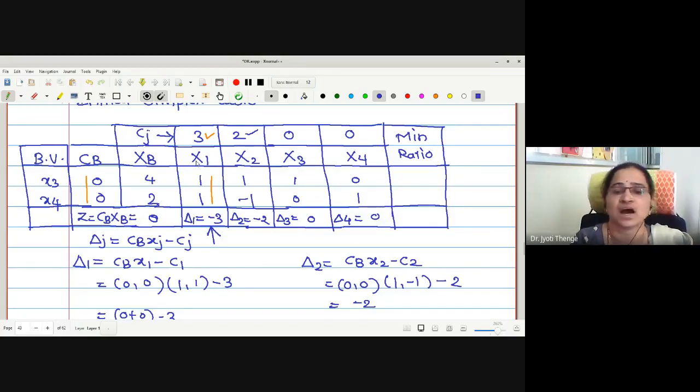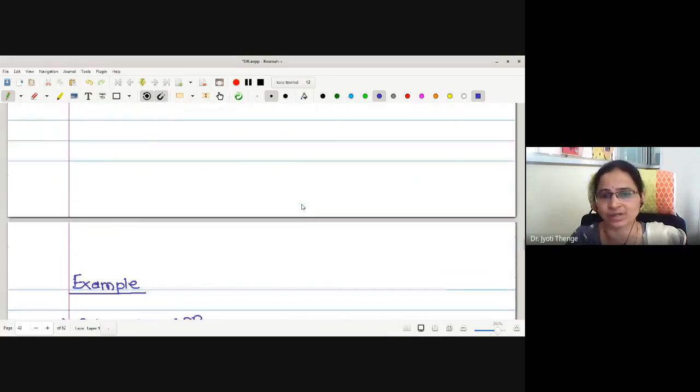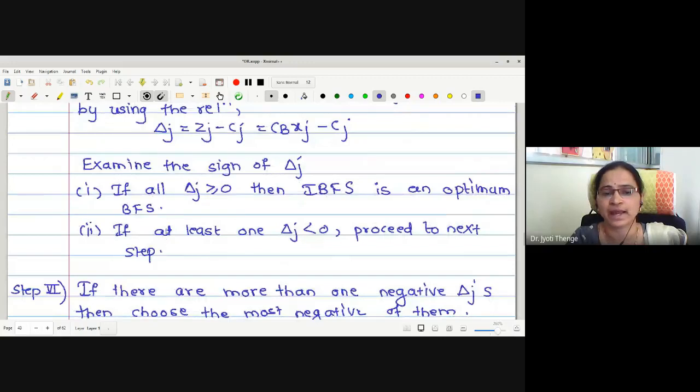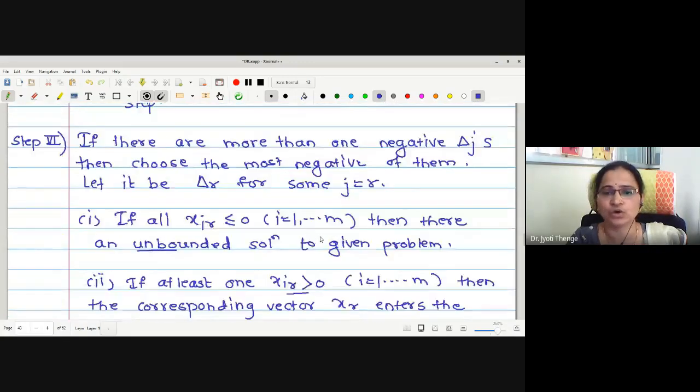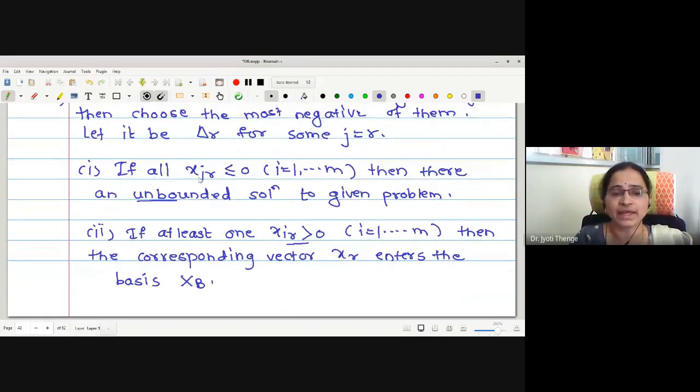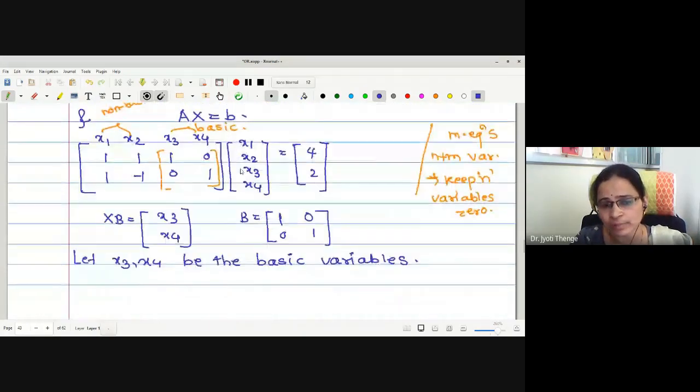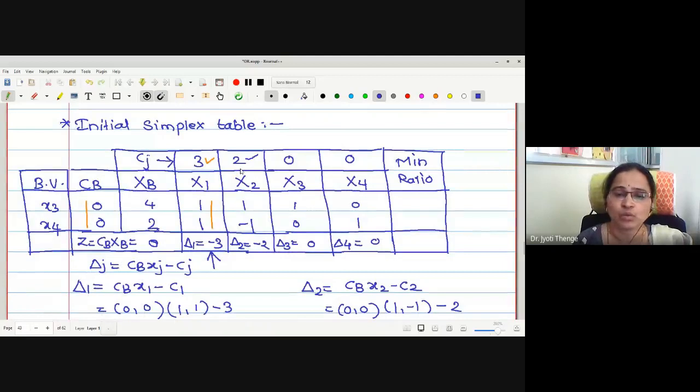Therefore, whatever xir we have written in the algorithm, I'll show you. At least one delta j less than 0. Then, what is xir? r takes the value 1 now, right? Let it be delta r for some j equal to r, that is r for j equal to 1. Then what does xir represent? Xir represents the column entries. How are we going to locate the positions of these entries in this matrix?